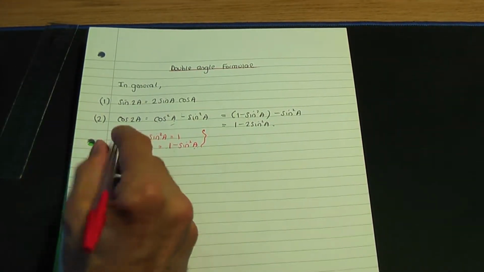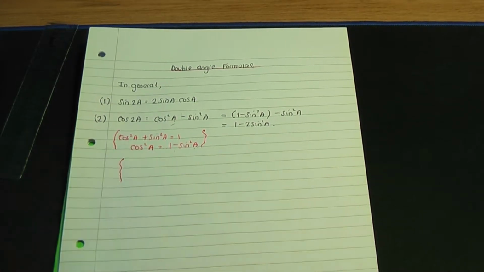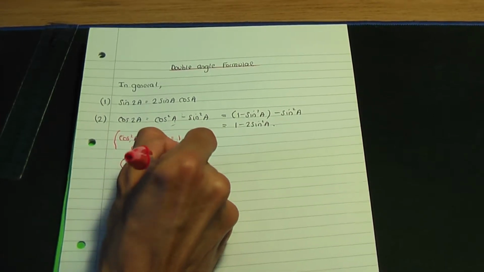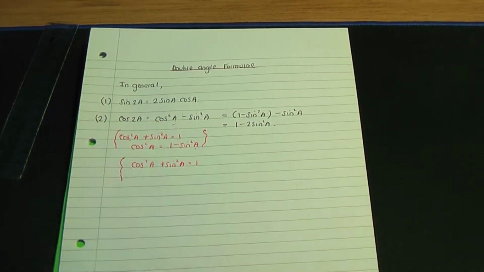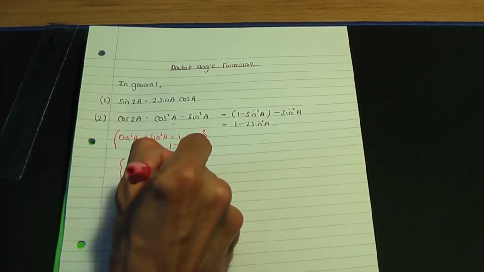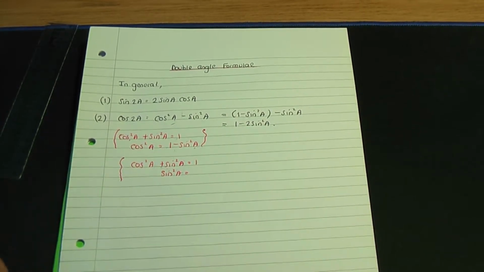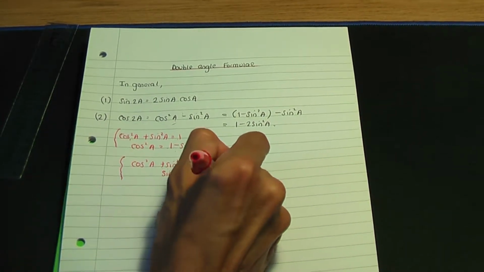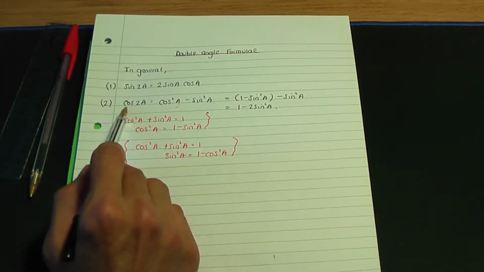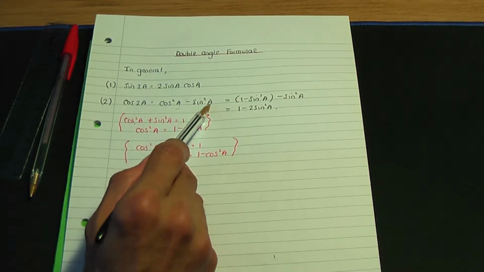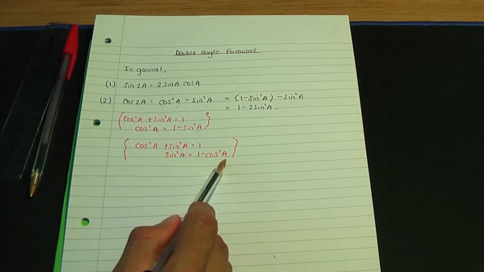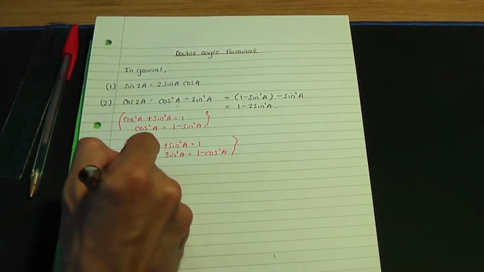Now, if I use the same fundamental Pythagorean identity, cos squared A plus sine squared A is equal to 1, and this time I rearrange for sine squared A, it's 1 minus cos squared A. Now if I go back to cos 2A is equal to cos squared A minus sine squared A, and replace sine squared A by 1 minus cos squared A, let's see what we're going to have.